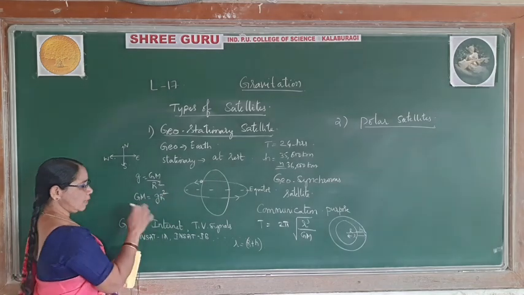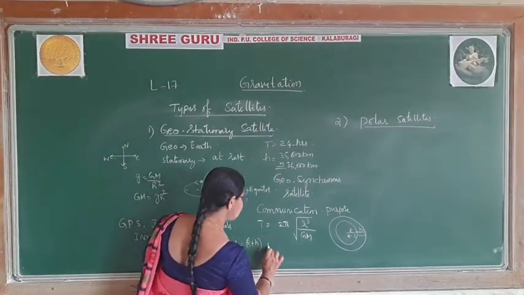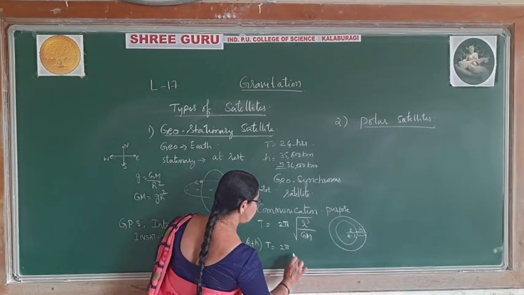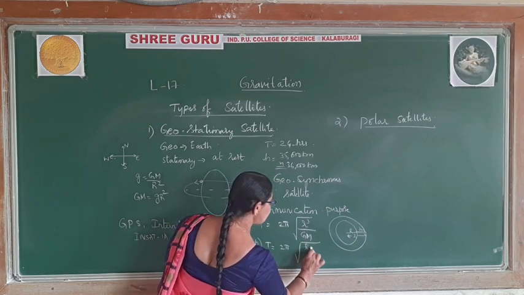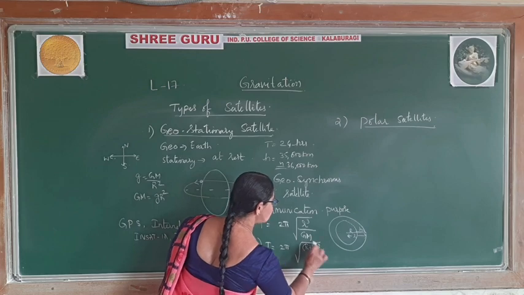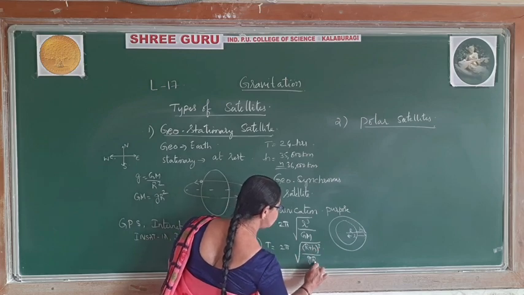At that time I can rewrite the formula like this, where T is equal to 2 pi root of r cube, that is r plus h whole cube, divided by GM, which is g r square.